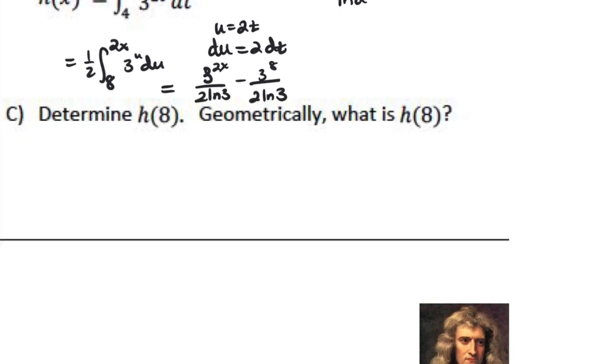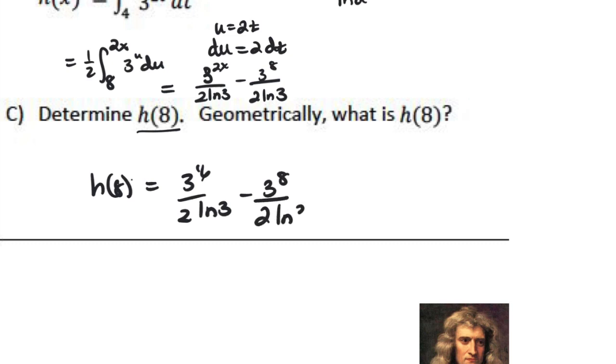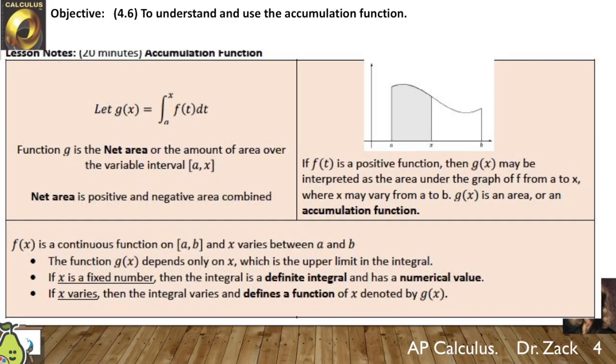To determine h of 8, you substituted the 8 into your equation, a simple substitution problem. Geometrically, what does this answer give you? That would be the area under the curve between 4 and 8.